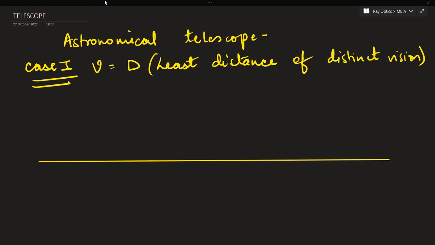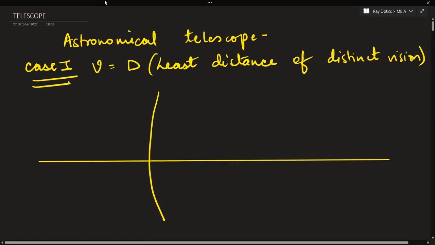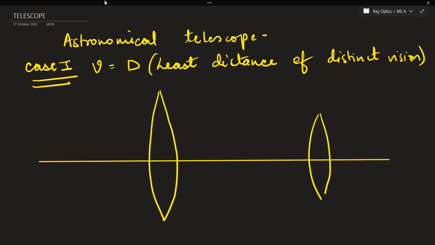Now see, here in the case of the astronomical telescope, the objective lens will be a convex lens, the same way, but a larger focal length will be there with a larger aperture. So this will be greater in comparison to this. This is just the difference that will arise. This will become your objective lens, and this will become your eyepiece.